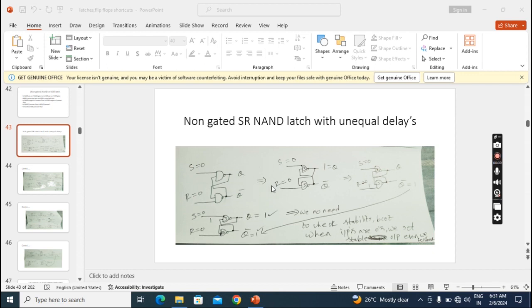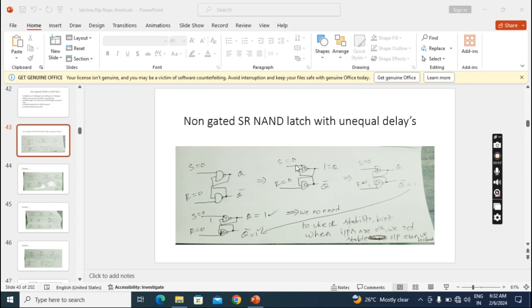Here I take the top gate as having less delay, so it is faster than the below gate. Whichever gate is faster, with less delay, first we have to take the output of that gate, because it will give the output first. This input is 0. If any input is 0, I will get 1.